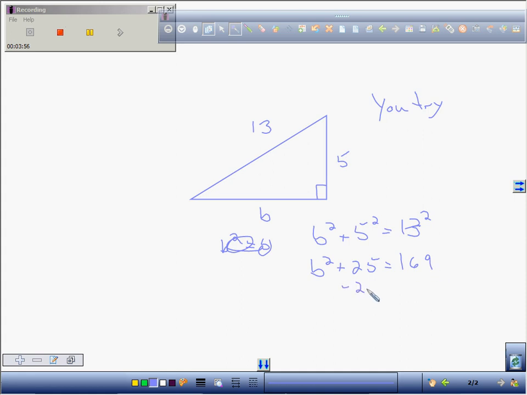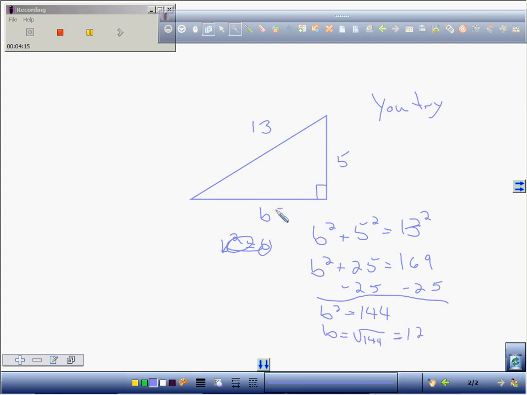Now you have to subtract the 25. Is that what you did, Max? Okay. And you get b squared equals 144. So b is the square root of 144, which he found out is 12.